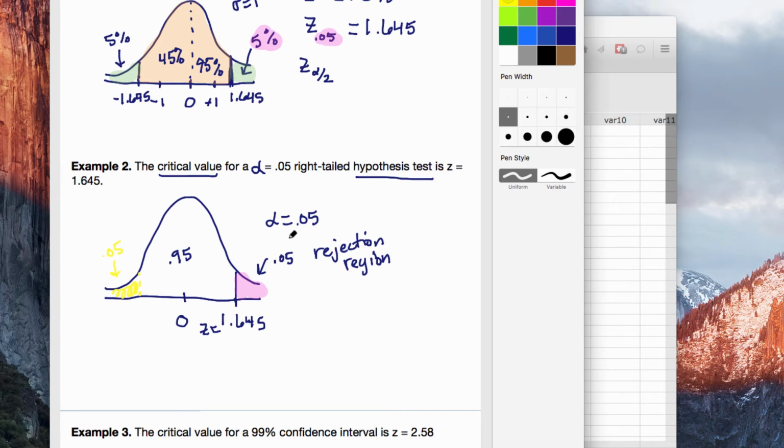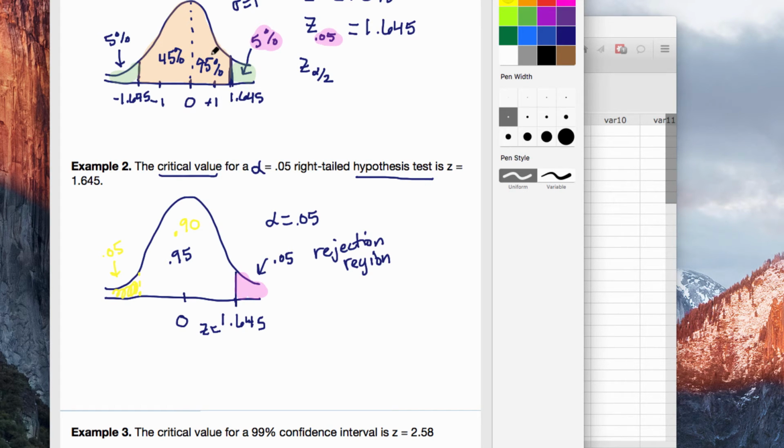I'm going from decimals to percents, but they mean the same thing. If I pretend that I had 5% over here on this left side, then that would reduce the middle area to 90%, and then it matches right up to a confidence interval value. So there's going to be a lot of similarity between certain hypothesis tests and confidence intervals. You're going to run with the same numbers.